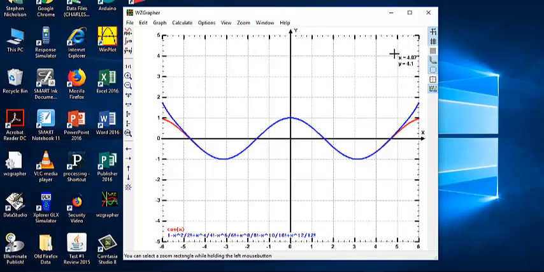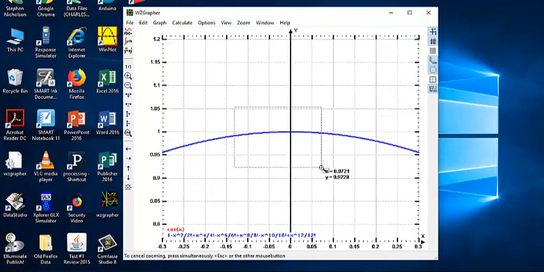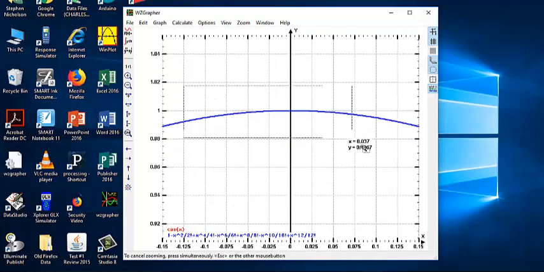Every time you add an additional term, not only will it be more accurate in the domain near 0, but it'll extend the accuracy out further and further. Because if I zoom in close to 0 and look at the two curves, how far do I have to zoom in before I see a difference?